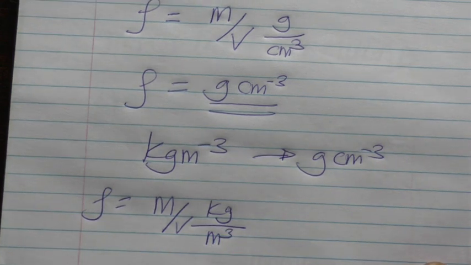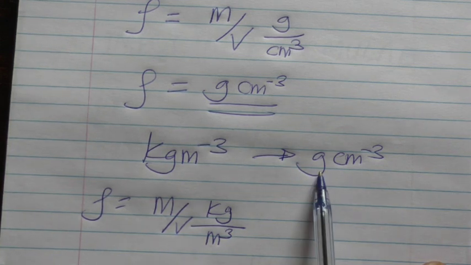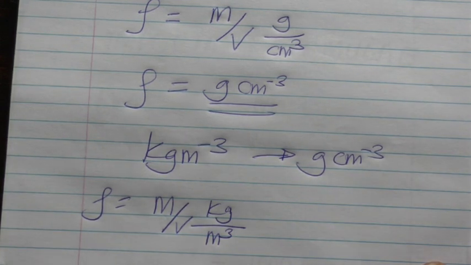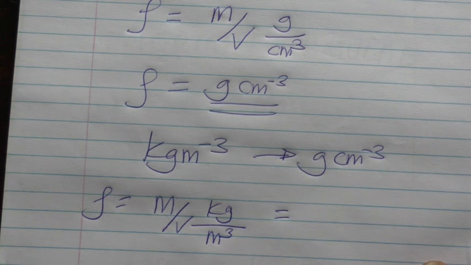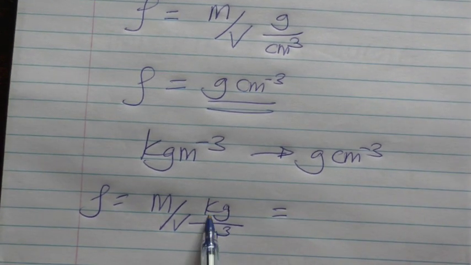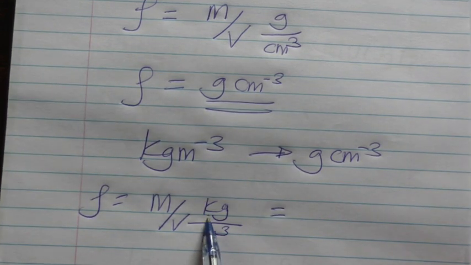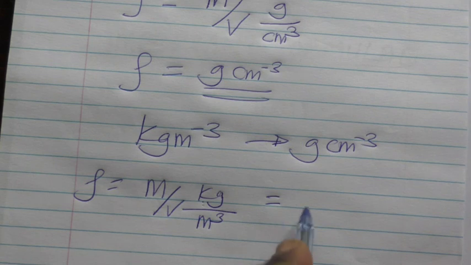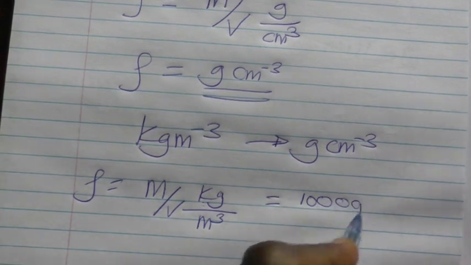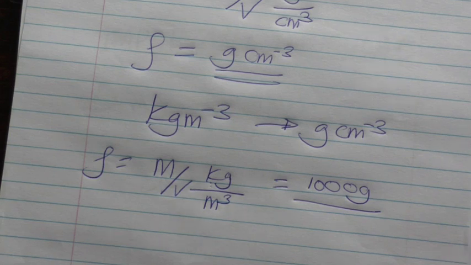So if we are to convert from kilogram per meter cubed to grams per centimeter cubed, then we must get the equivalence of the two units. That is, we change the kilogram to gram, whereby 1 kilogram is equivalent to 1,000 grams, and 1 meter cubed is equivalent to 1 million centimeter cubed.